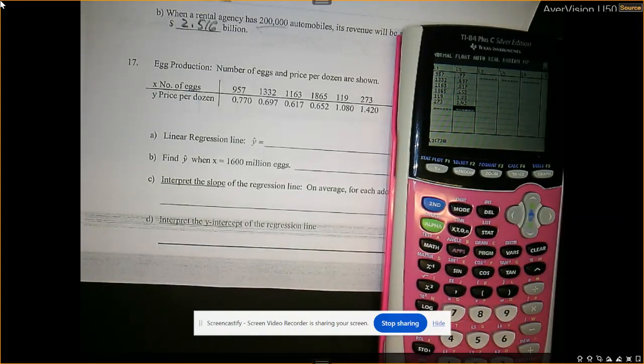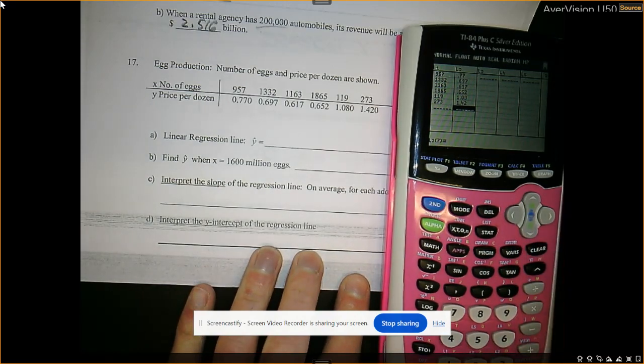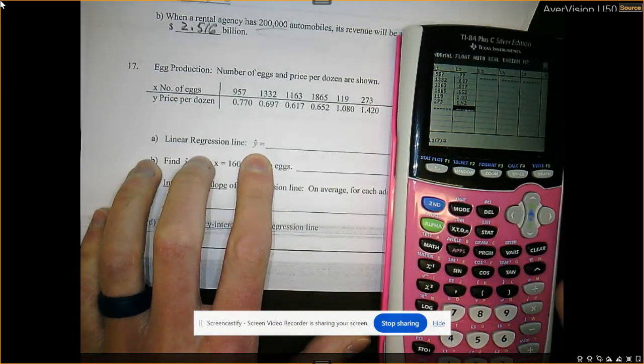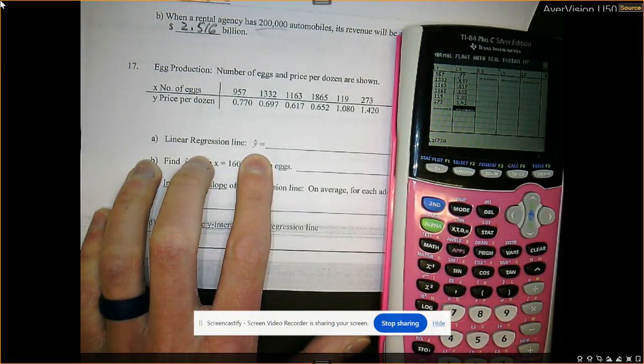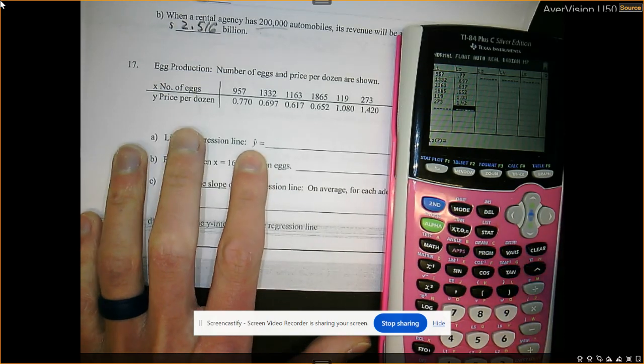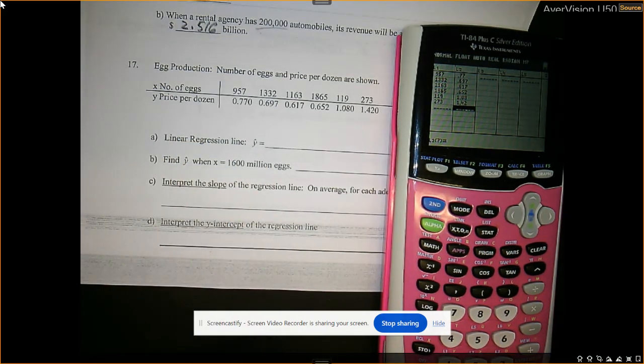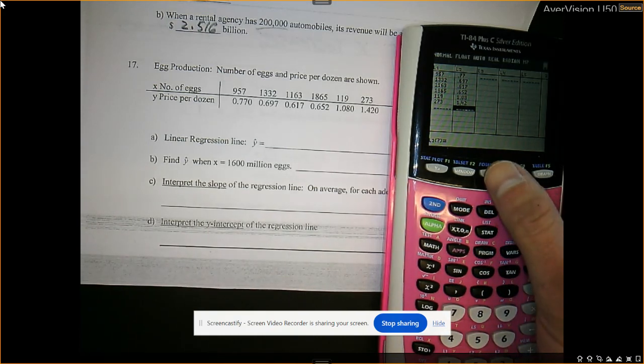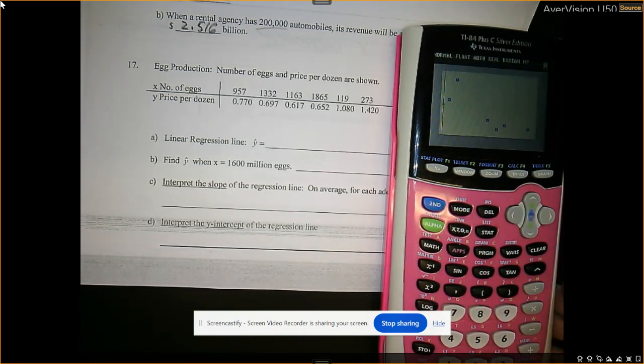Okay, make sure all of that was entered correctly, because if you made just one mistake, of course, it will change your regression line. So I'm just checking to make sure everything looks good, that I didn't hit any wrong keys, and that every key registered. It looks good. Then I always go zoom 9 to see what we're looking like. That's your ZoomStat.